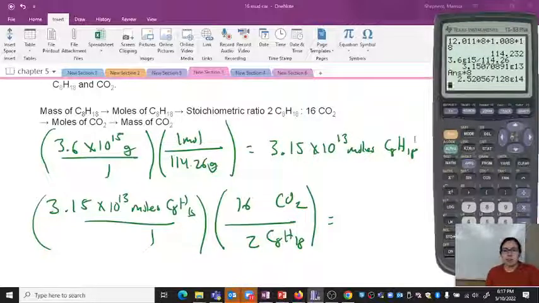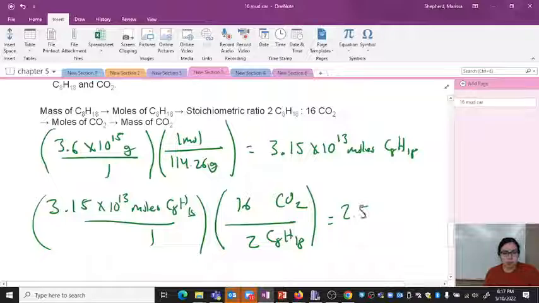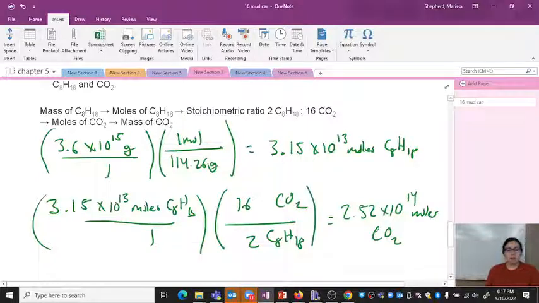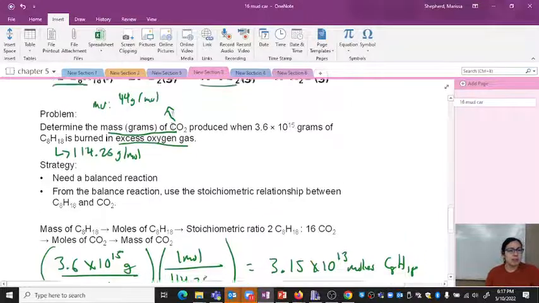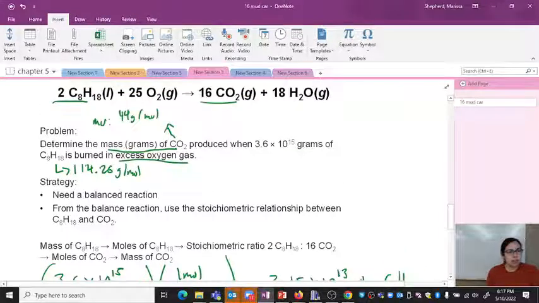I see a nod. So 2.52 times 10 to the 14 moles of CO2. Now we're at moles of CO2, except it asked for mass in grams. But we calculated the molecular weight, grams per mole. So what's our last step?